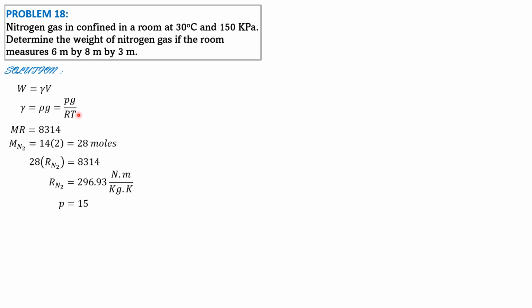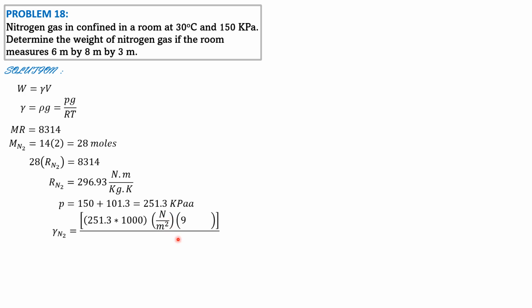Substitute here. So pressure, by the way, is 150 plus 101.3 atmospheric pressure, because this is just the gauge pressure, 150 kilopascals, so 251.3 kilopascals absolute. So substitute gamma equals 251.3 times 1000 to convert it to pascals absolute, or Newton per meter square, times 9.81 meter per second square, divided by 296.93 Newton meter per kilogram Kelvin, times temperature in Kelvins, 30 plus 273.